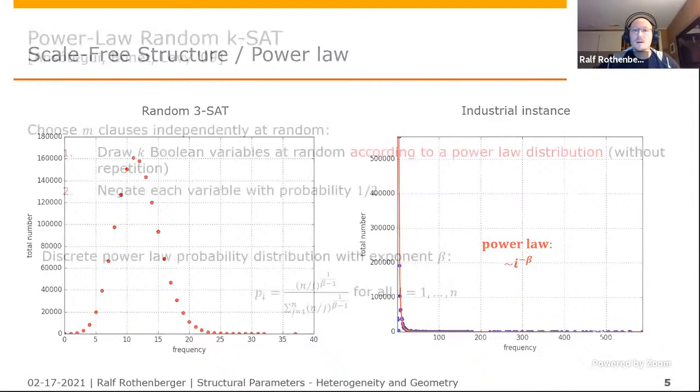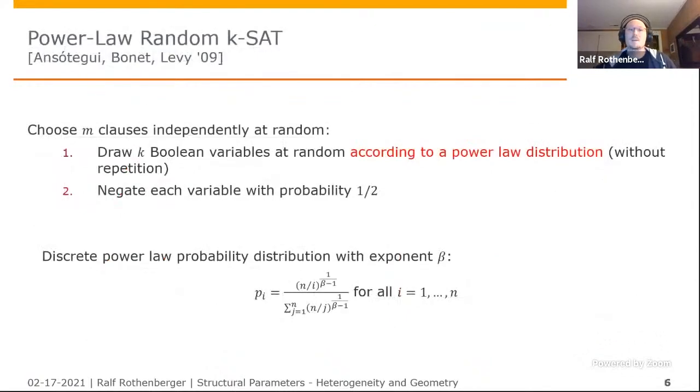Jordi also presented their model for generating instances with such distributions. Essentially you choose m clauses at random, and for each clause you draw k variables without repetition. But now you don't draw them uniformly at random, but with a probability proportional to a power law probability distribution.